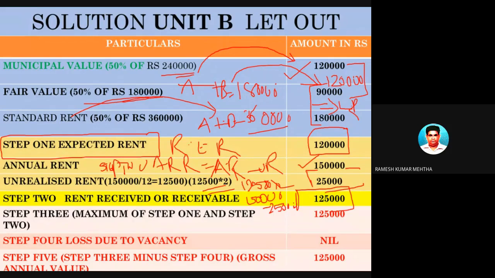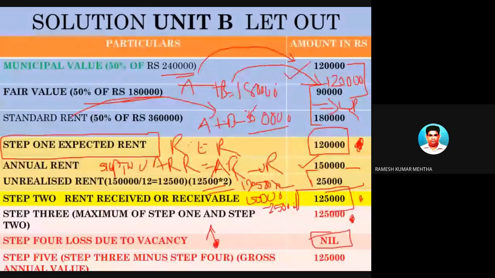So this is step 2. Step 3 is the maximum of step 1 and step 2, which is 1,25,000 rupees. Step 4, vacancy loss: the house part B is not vacant at any single point of time, and hence the loss due to vacancy is nil.